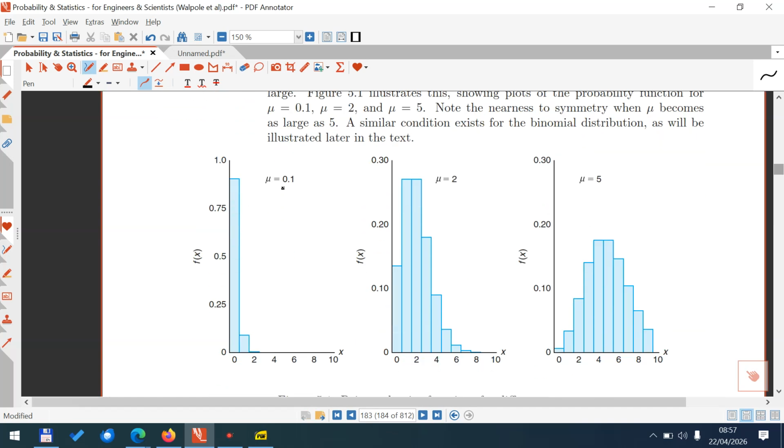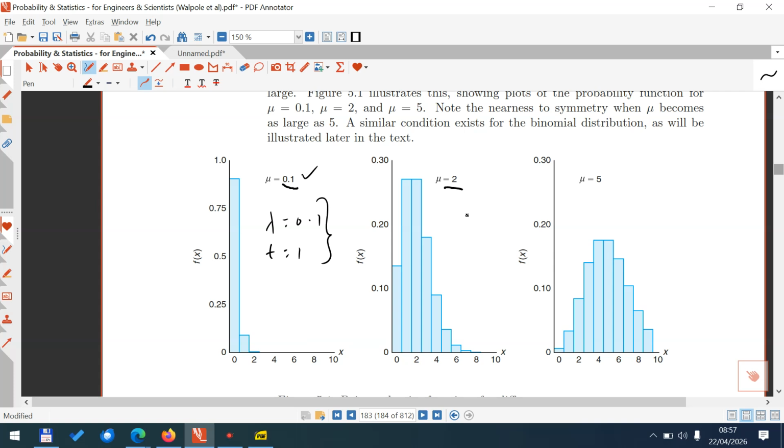What you can imagine is that let's say this 2 is greater than this 0.1, maybe because of time, right? So let's assume that we use the same value of lambda for all these three graphs. So let's say lambda is equal to 0.1, and this is 0.1 because t is equal to 1. So here lambda times t is 0.1.